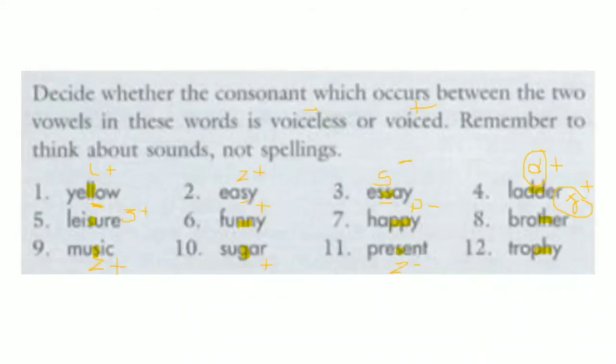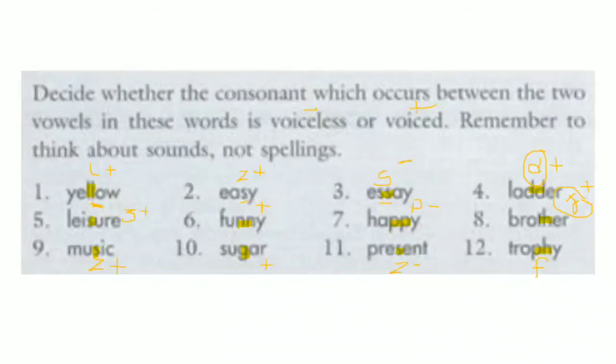Then you have this sound, which is related to this consonant, that is trophy. Okay, so this is how you have to solve the activity that you have in your booklet. Please do it while you're watching the video.